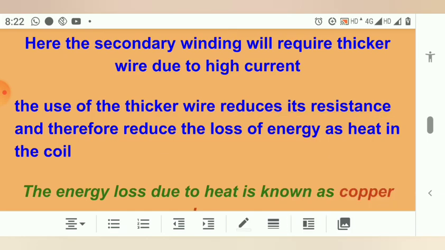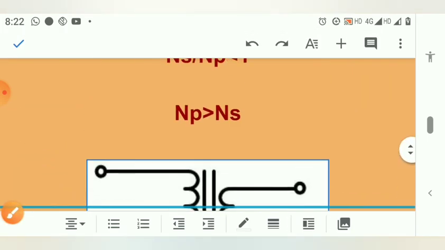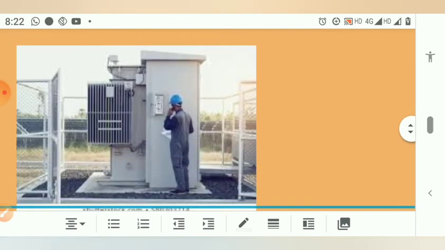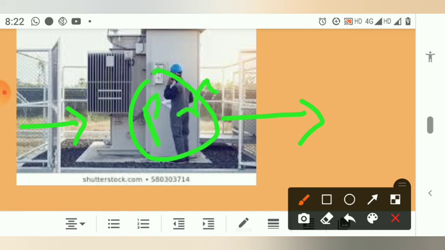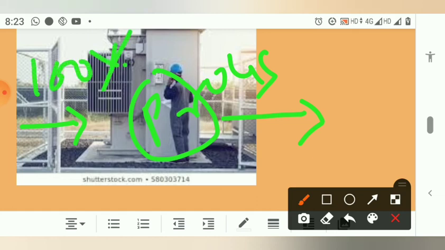One thing I forgot to tell you: in transformers, any transformer, step up or step down, the current that is given is what we take out. If we give input 100%, then in processing the machine parts will give heat.